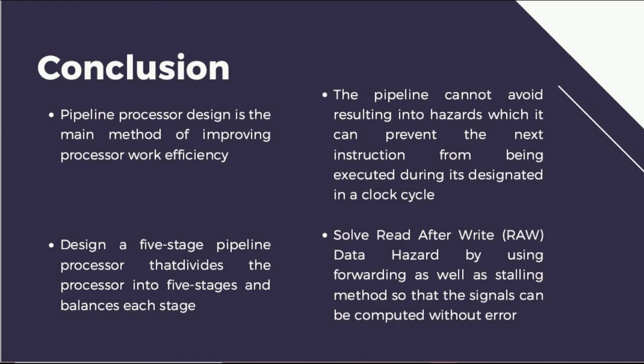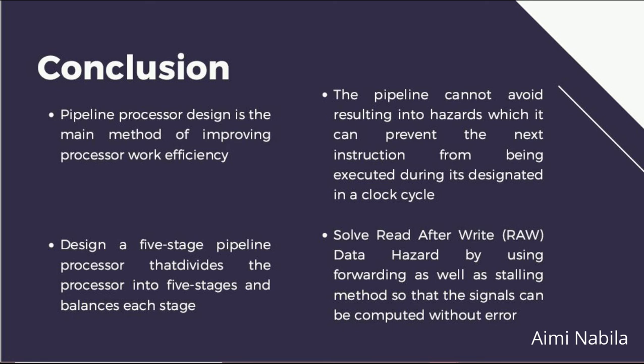This is our conclusion in our project. First, the pipeline processor design is the main method of improving processor work efficiency. Next, we designed a 6-stage pipeline processor that divides the processor into 6 functional stages and balances each stage.